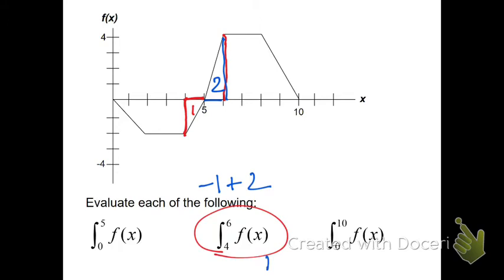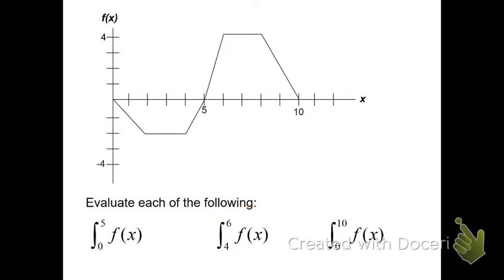Okay, last one. The integral from 0 to 10. Well, we already did the area of the first trapezoid from 0 to 5, and we knew that was 7. So now we just have to find the area of the other one. Again, you can use the formula for the area of a trapezoid, which you have to know anyway, or cut it into triangles and rectangles, whatever you want. All right, so I'm going to use trapezoid.